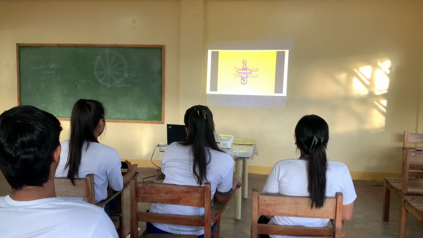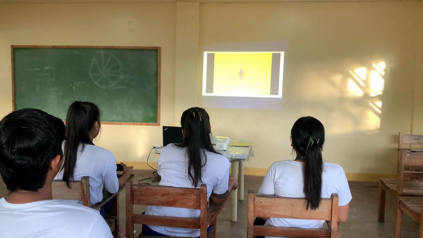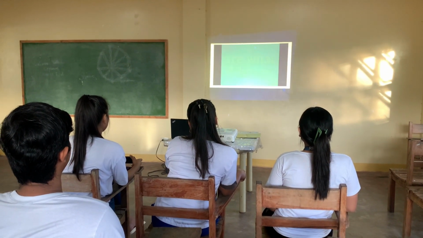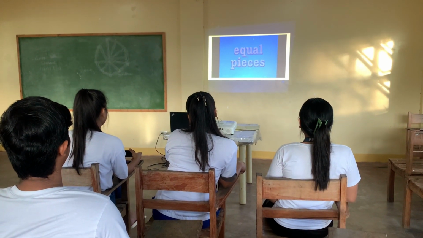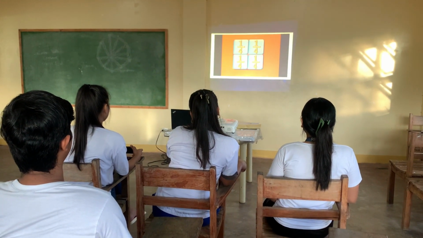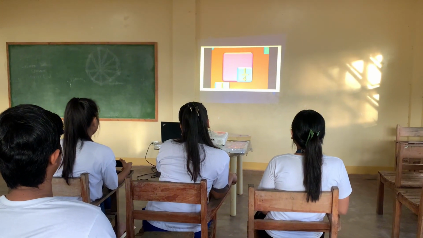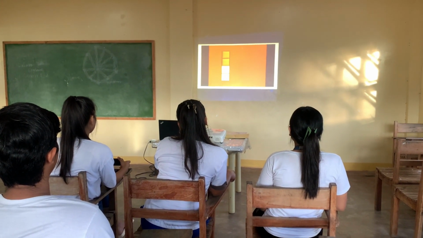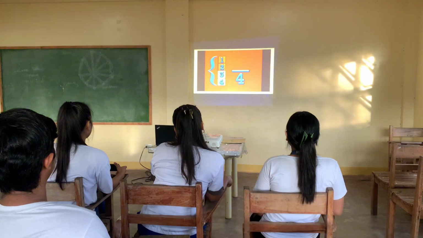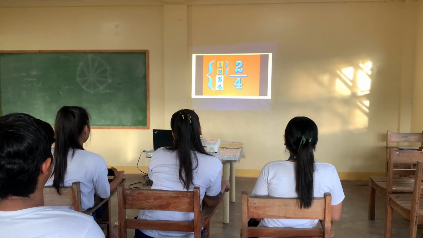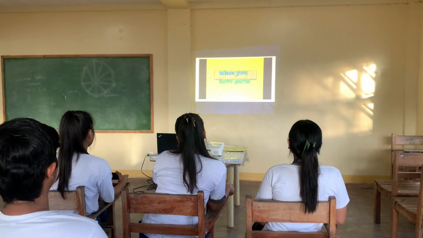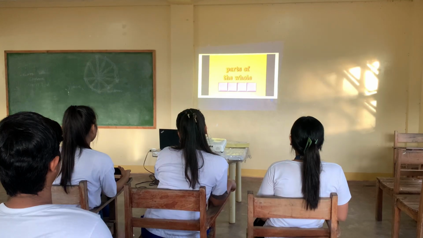Fractions, fractions, they're parts of a whole. They're equal pieces, they're parts of a square. Fractions, fractions, they're right here. Tells how many parts there are. Tells how many parts you got. When you have parts, parts of the whole.